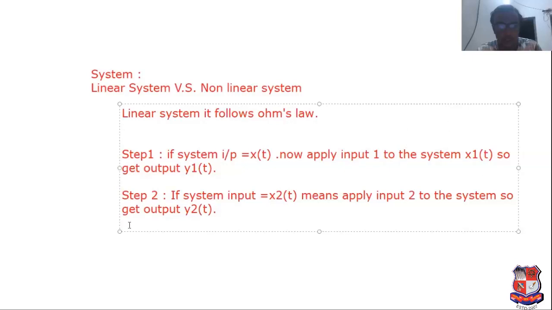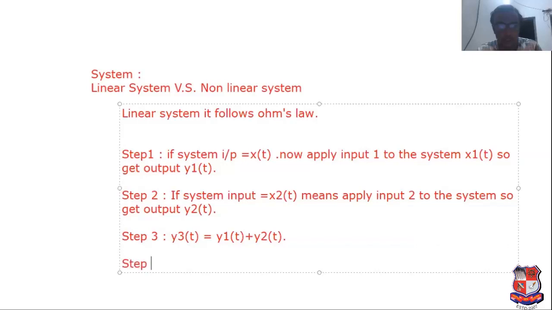Now for step 3, y3 of t equals y1 of t plus y2 of t.